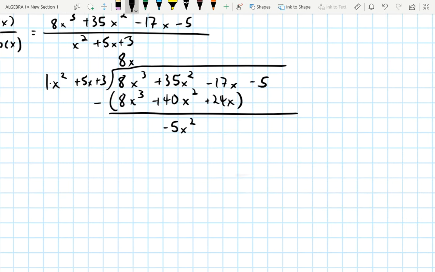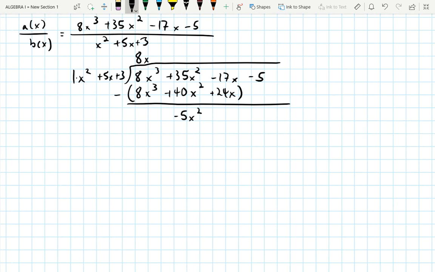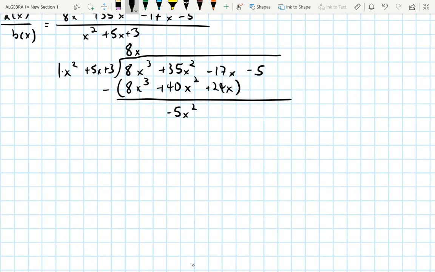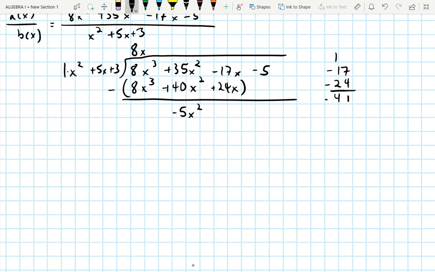Negative 17 minus 24. So you can see if I have the same sign, all I have to do is add across and keep the sign. So negative 41x there.